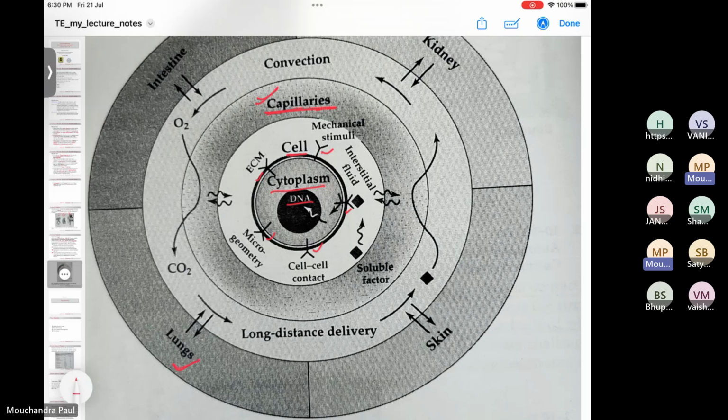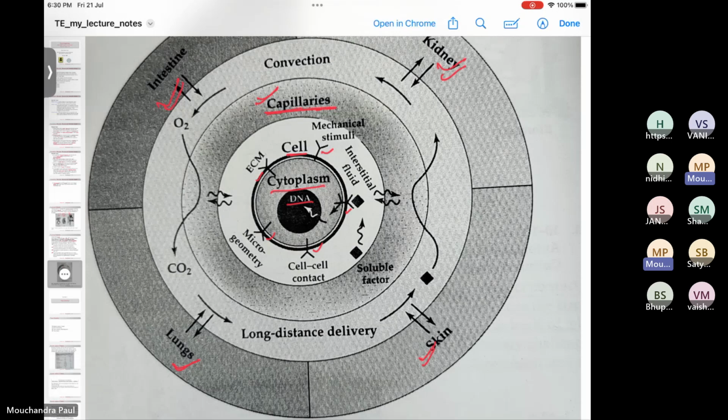Then if you say the vitamins and all, skin is responsible for secreting vitamin D. Then if you see how the blood is getting purified, the kidney is responsible for that. And then the cells need the nutrients. Then from where are the nutrients coming? So their digestion is happening in our intestine. So the soluble food materials like amino acids, fats, etc., they are coming into the blood and through the microcapillaries reaching the cellular level.